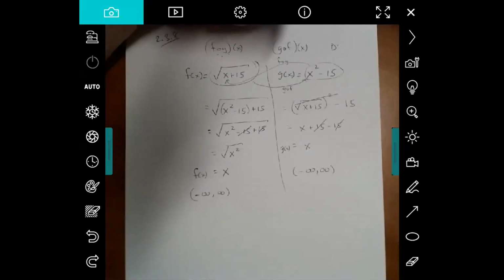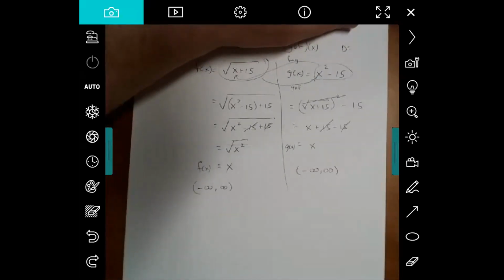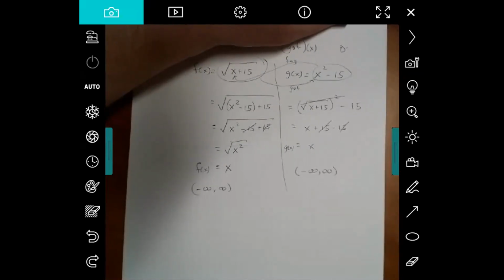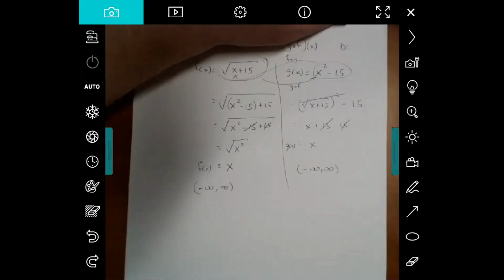Same thing here. Square root of x squared, x plus 15 minus 15, is the absolute value of x. Okay.